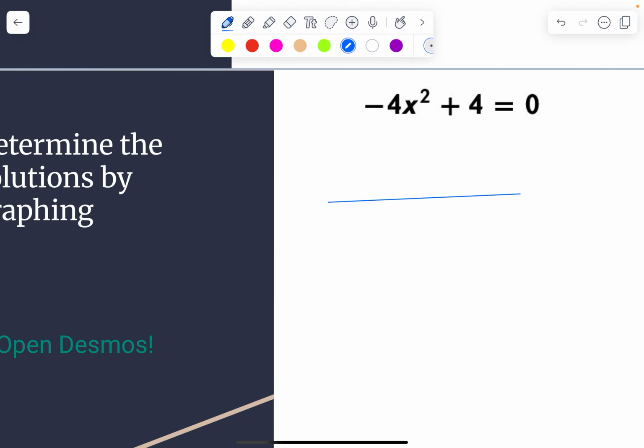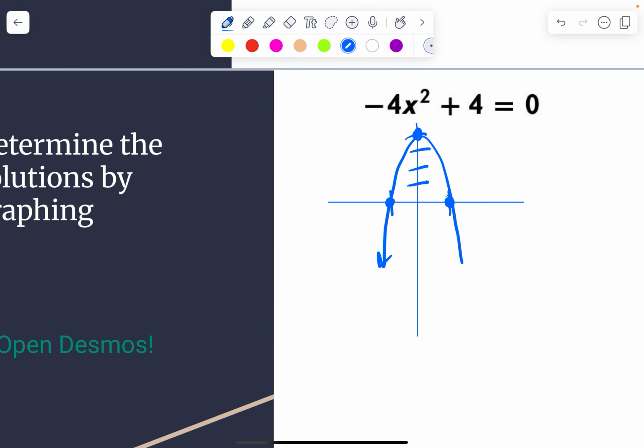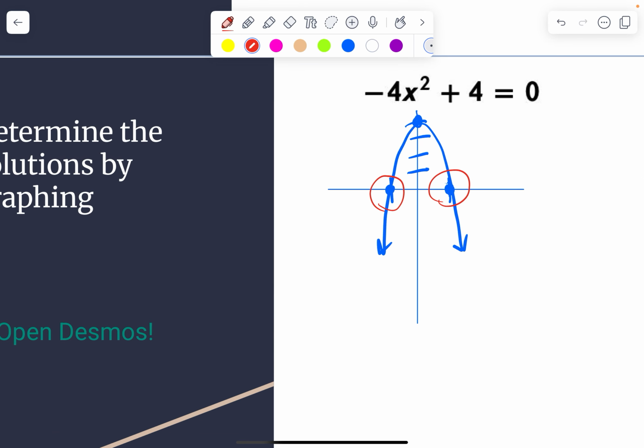So if I draw a quick sketch of that, it had an x-intercept at (-1, 0), an x-intercept at (1, 0), and the y-intercept was up at (0, 4). And again, these intercepts are my solutions. So x equals -1 and x equals 1.